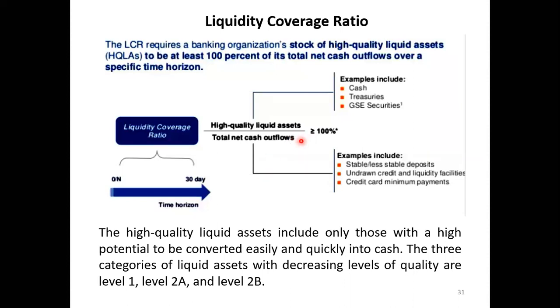For example, for the day, the bank expects that 10 million rupees will go out. Cash outflow will be 10 million. So the bank keeps at least 10 million in high quality liquid assets. If the outflow is 10 million, but they keep only 8 million or 7 million, what will happen? They have to face liquidity risk.